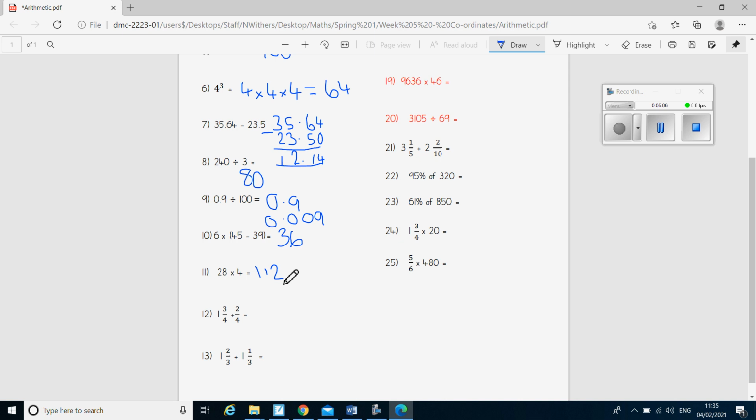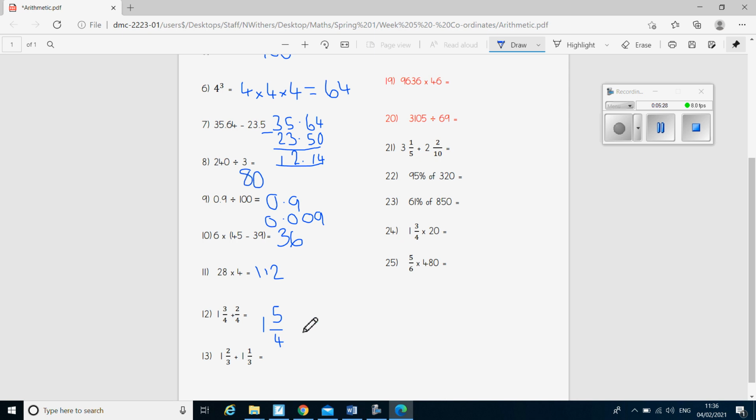Question 12 then, we are adding a mixed number and a fraction. So I've got 1 whole 1 and 3/4, add 2/4. So I'm going to add the fraction part first of all. 3/4 add 2/4 gives me 5/4. Okay, and I mustn't forget my whole 1 as well. So I've got 1 whole 1 and 5/4.